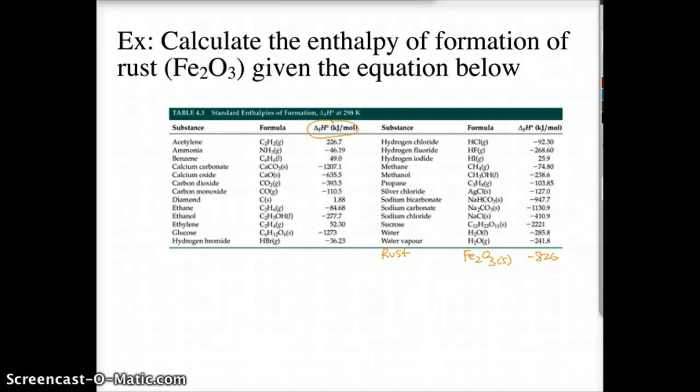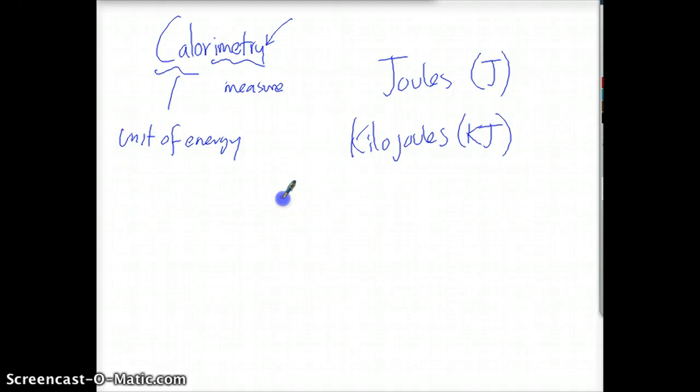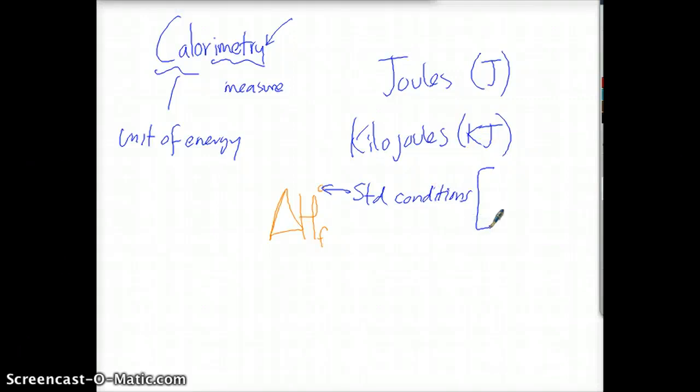What does that mean? Well, let's go back and rewrite it over here. Delta H f naught. Let's break this down. This naught up here, this little circle, means standard conditions. Just like there's standard conditions for gases, which are called STP, there's also standard conditions for doing thermochemistry calculations, and you need to know what those are.